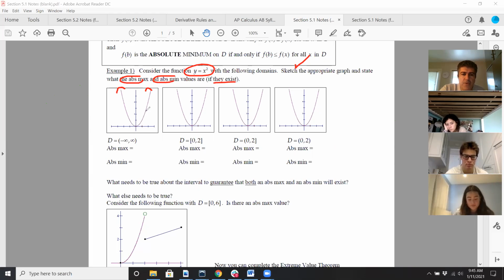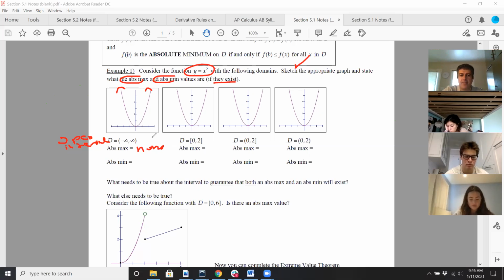So if this goes on forever, we call this an open interval. There's no left endpoint, there's no right endpoint. Just by looking at this, there's no absolute max. There's none, because these point up forever. I don't know what the highest point is.